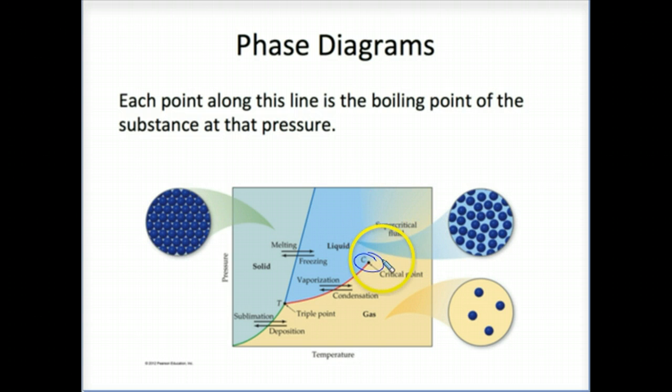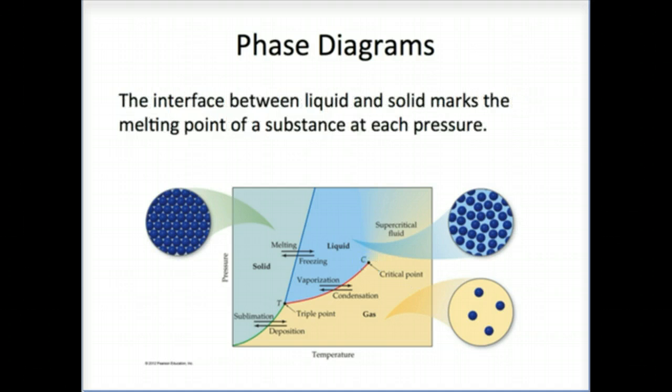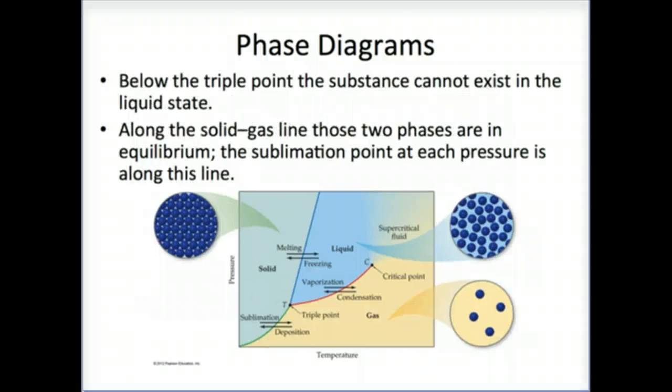And no matter how much pressure I apply, if I'm above this temperature, so if I'm past this temperature, no matter how much pressure I apply, I won't liquefy anything. But in essence, at each point along this phase diagram, you can see the temperatures and pressures required to cause changes in state, cause solid, liquid, gas to exist at a particular set of conditions.